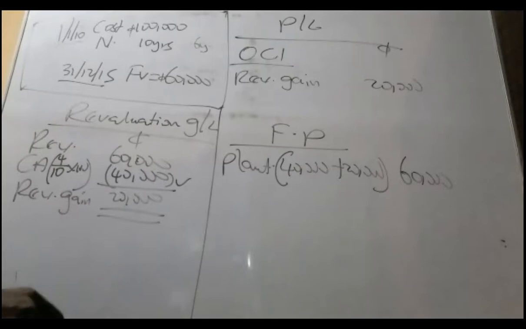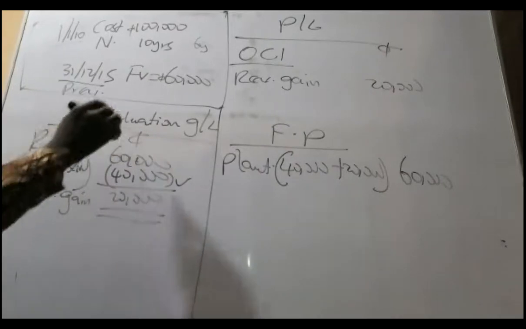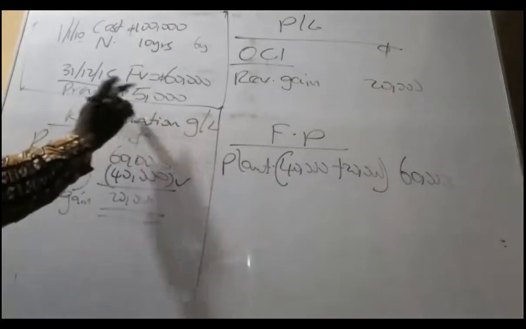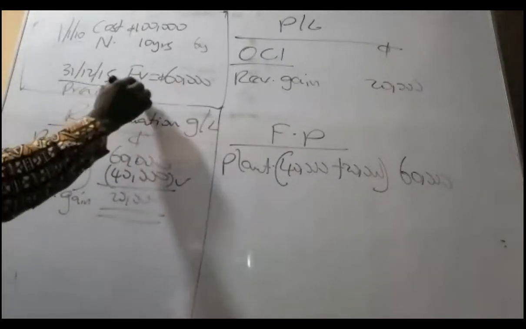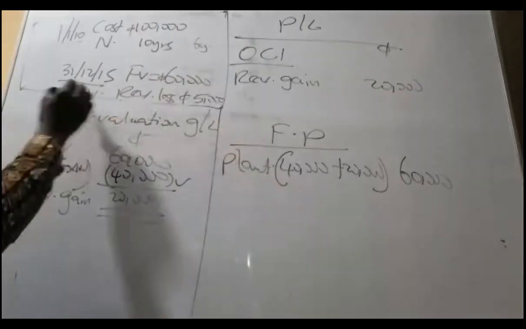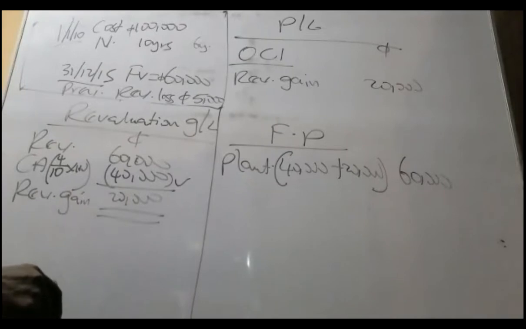Now let's assume that in a question there was a previous revaluation loss, so previous revaluation loss of 5,000 Ghana cedis. Previous revaluation loss coming from the same asset. It must be from the same asset. It's 5,000 Ghana cedis. So we have updated the question. Please do well to update your question too. I've added one part to it.